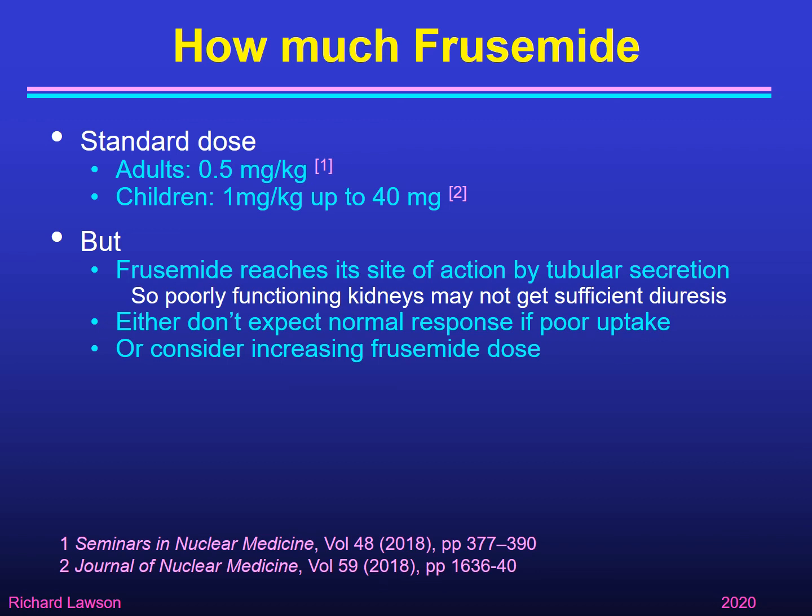So a poorly functioning kidney, which has less tubular secretion, may not get sufficient frusemide to the site of action to produce sufficient diuresis. So if you've got poorly functioning kidneys, don't expect a normal response, or maybe consider increasing the dose of frusemide in order to compensate for the reduced function.